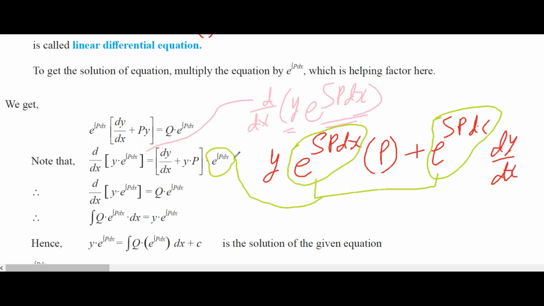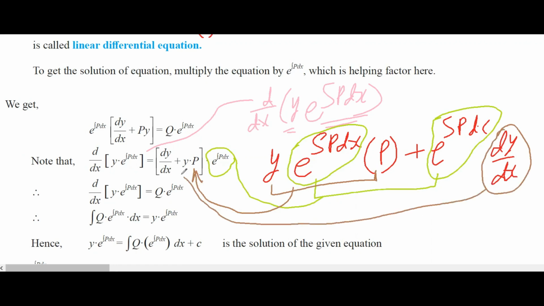And then you are getting y into p, and then you are getting dy by dx. Now you know that dy by dx plus y p is nothing but your q. From where have you written this? From here, this is your q.